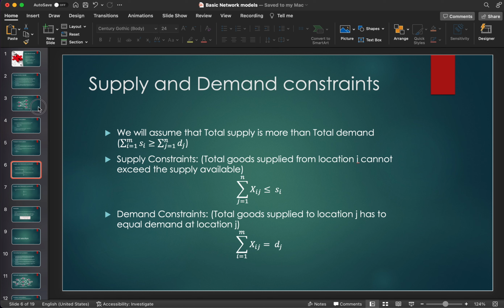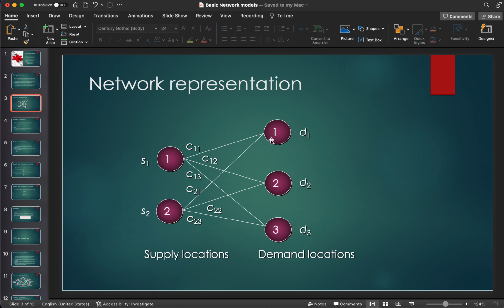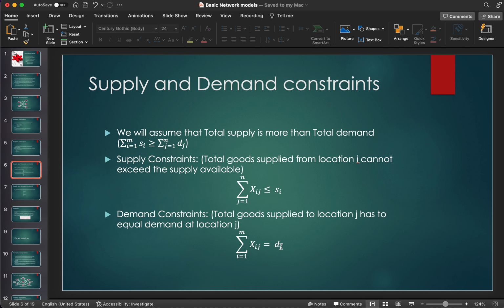So you're saying that all the supply coming into this demand location has to be equal to the demand at this location. So it'll be x11 plus x21 is equal to the demand here. Similarly here, x12 plus x22 will be the demand here, and x13 plus x23 will be the demand here, right? And it's equal to because we are assuming supply is more than demand.